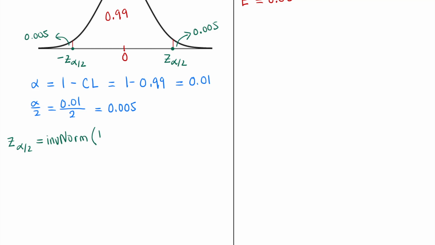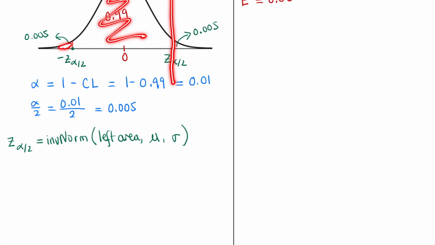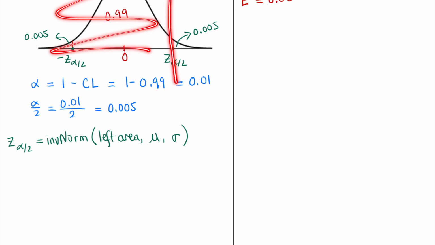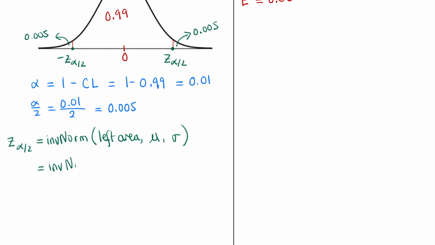We need the left area, mean, and standard deviation. This is the value Z sub alpha over 2. We want the area to the left of this value, including 0.99 and 0.005. So everything to the left of Z sub alpha over 2 is 0.995. Mean is 0 and standard deviation is 1.